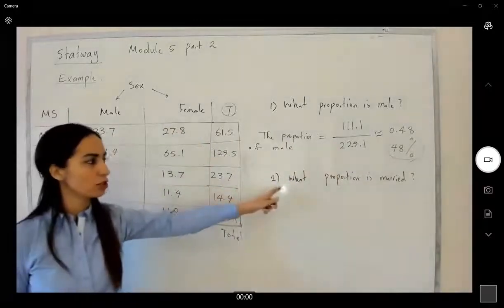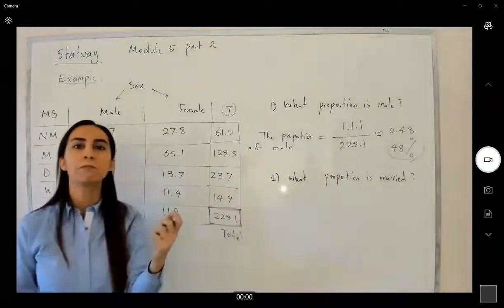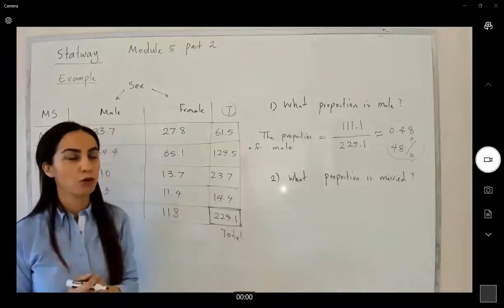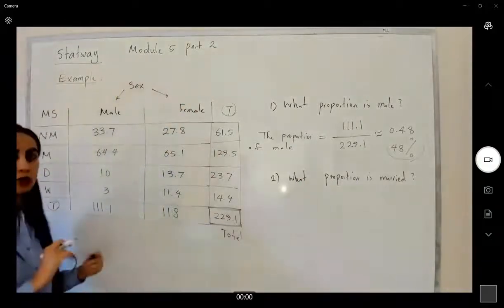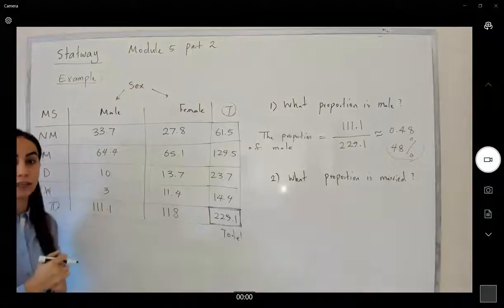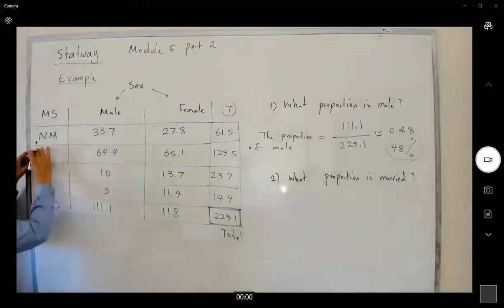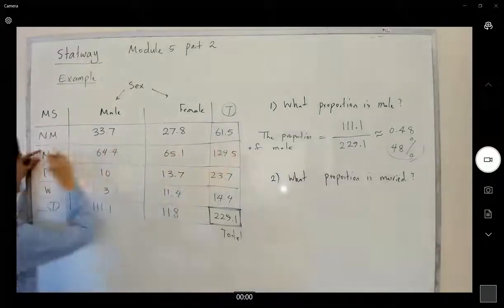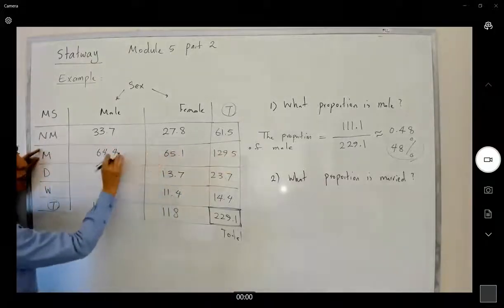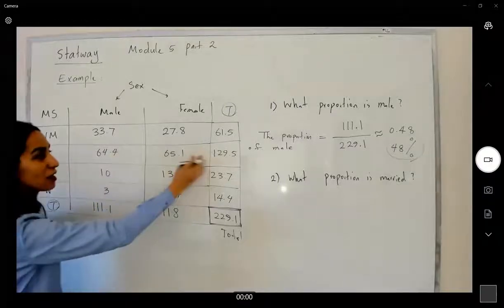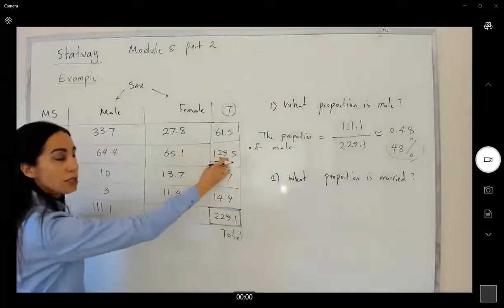So the second question says, what proportion is married? What proportion of US adults above 18 are married? Okay, we need to look at the married category. The married category, which includes both male and female, is 129.5.